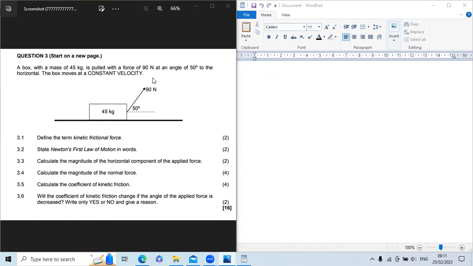You have your mass, and you know that your box is only moving horizontally, so you know the net vertical force is going to be zero. And they tell you that the box is also moving at a constant velocity, so your horizontal net force is also going to be zero, because constant velocity means that your acceleration is zero.